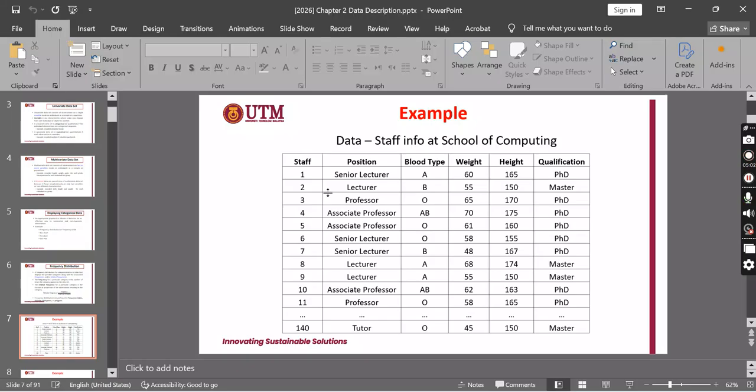We should use a frequency table to convert these 140 entries to a table containing 10, 15 or 20 entries. How can we do that? For each variable we have to do it, for example, for position it needs a frequency table, for blood type another frequency table, and for each variable it is the same.